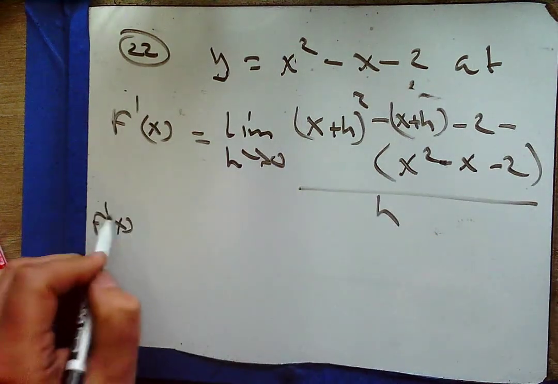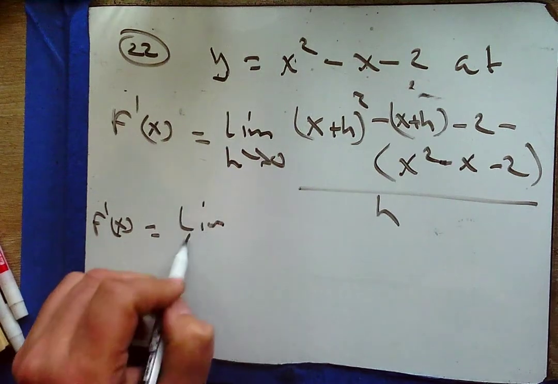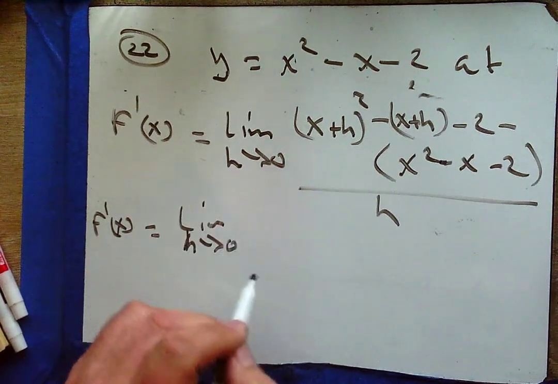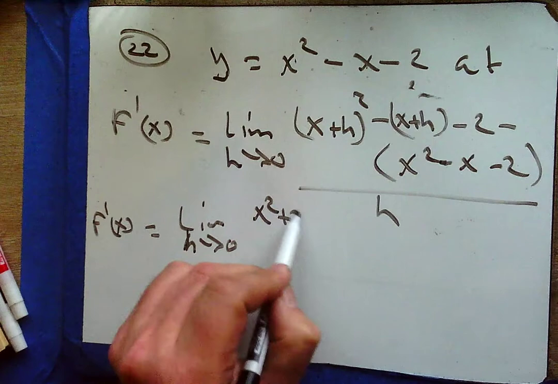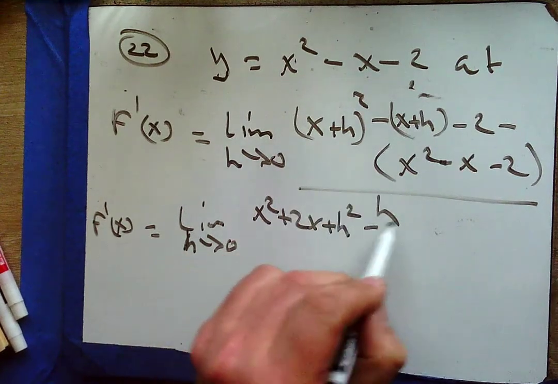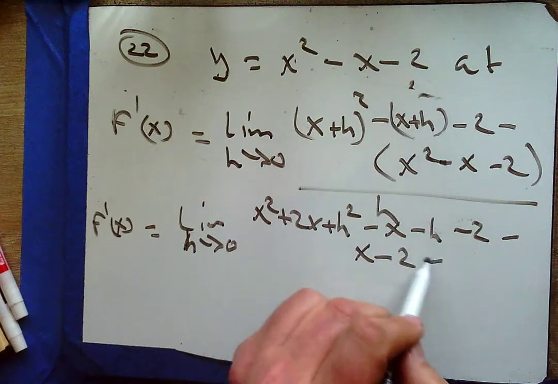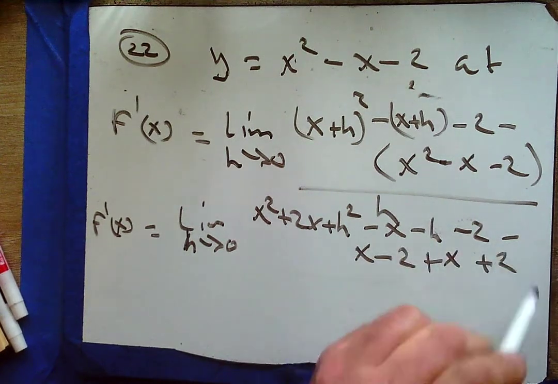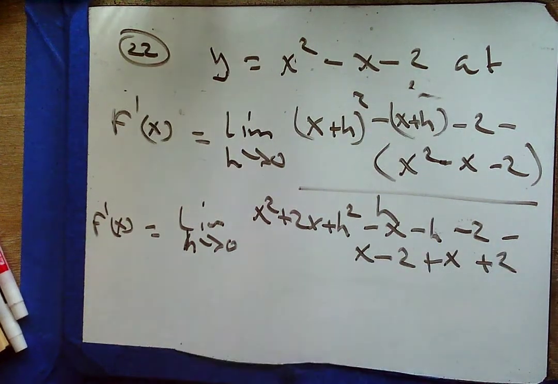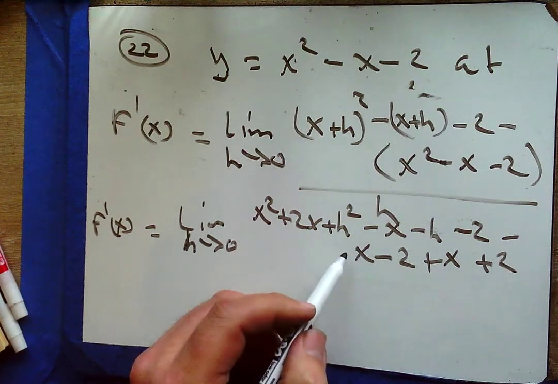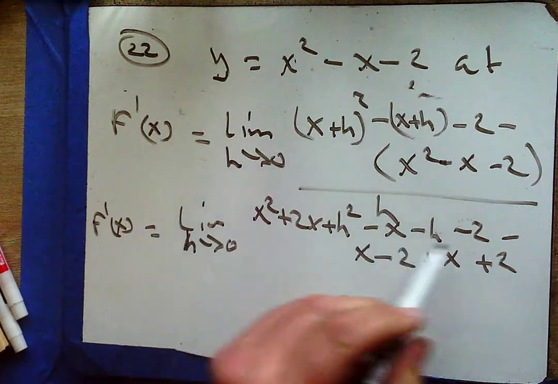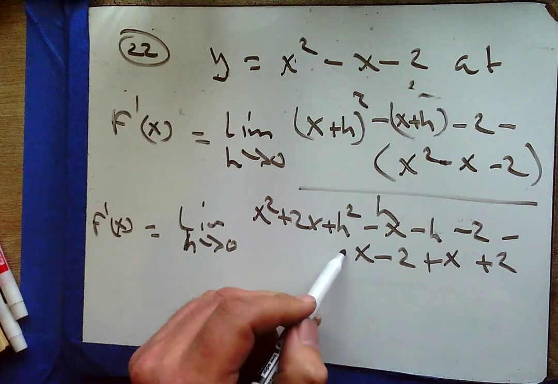So f prime of x is going to be the limit as h heads to 0 of x squared plus 2xh plus h squared minus x minus h minus 2 minus x squared plus x plus 2. So where did my x squared go? I guess I didn't write it.